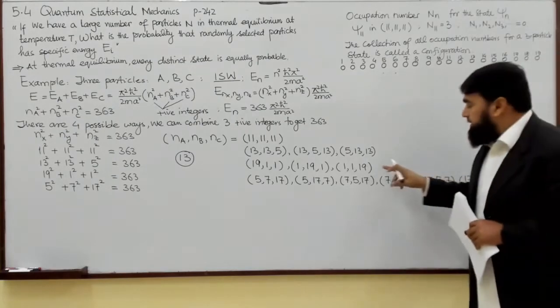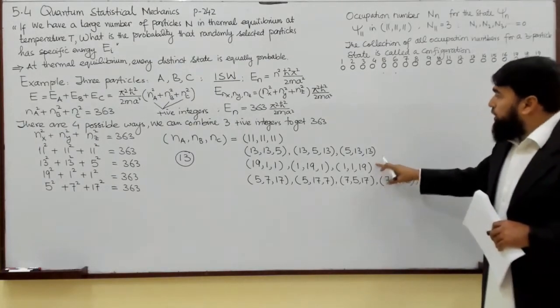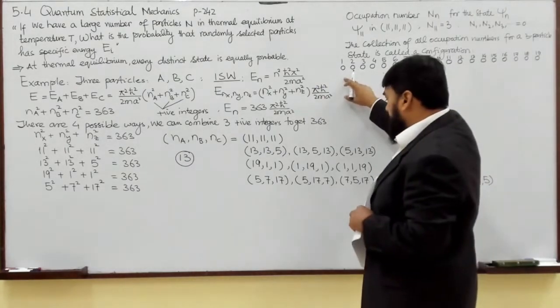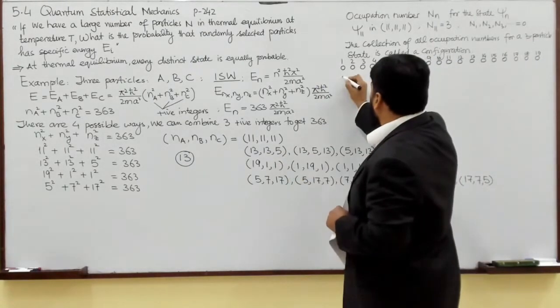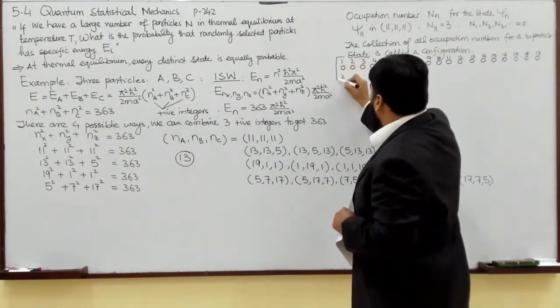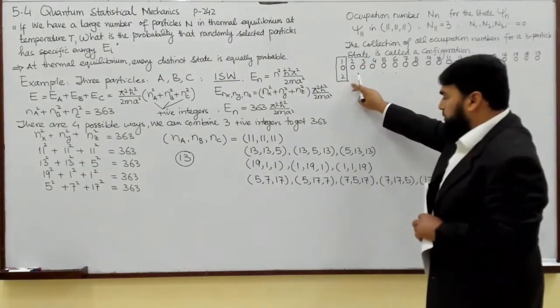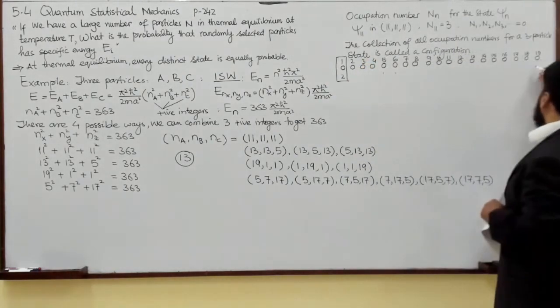Now if I consider this combination, in this combination, 1 has 2 particles, so 2 here, and I will say that N1 is equal to 2, while N19 is 1.